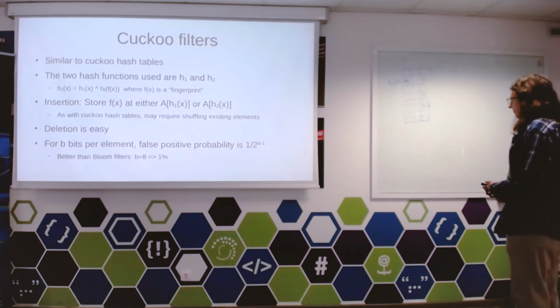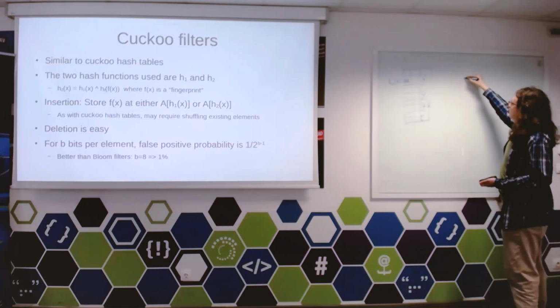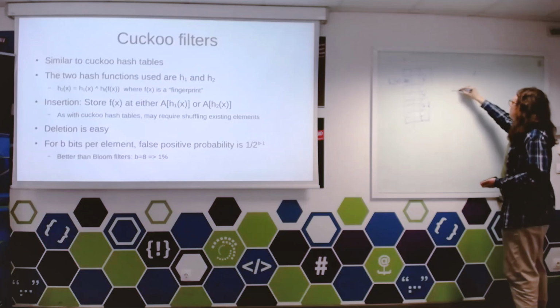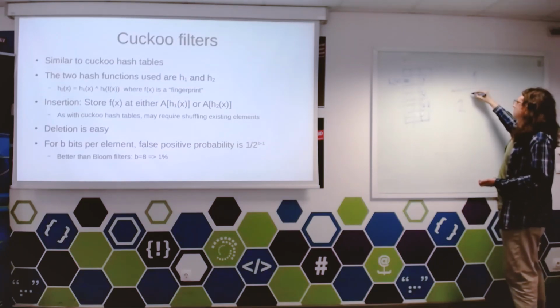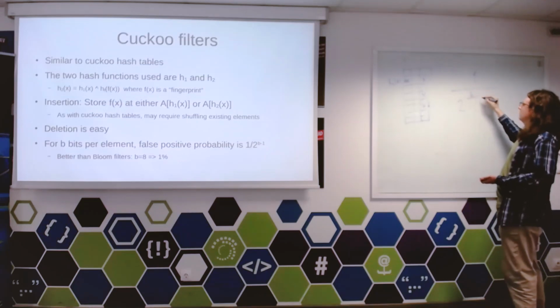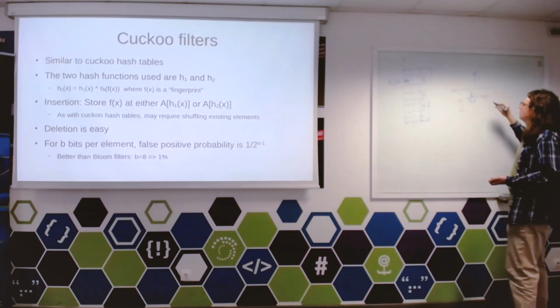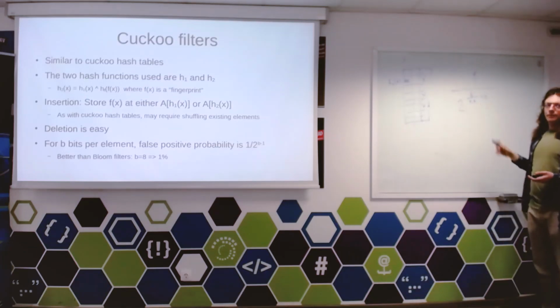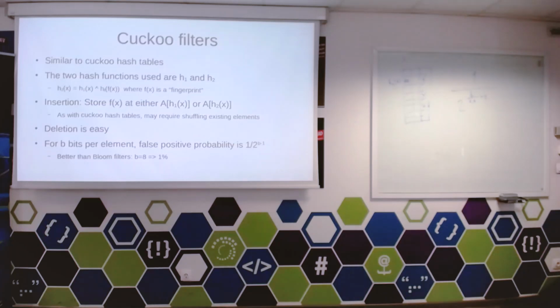However, it's actually something like 1 divided by 2 to the power of b divided by 1.1 because of the fill rate, minus 1. So not quite as bad as a full filter, but still not quite perfect.